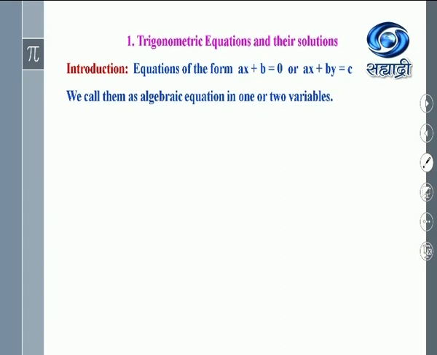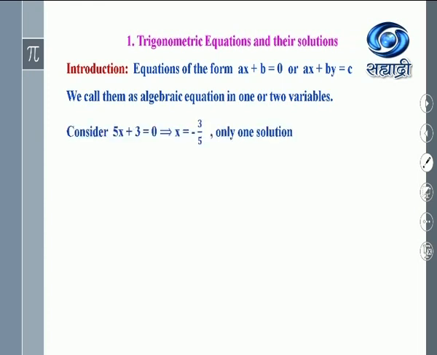Now the algebraic equations may be in one variable or maybe in 2 variables, maybe in the linear form, maybe in the quadratic form. So ax plus b equal to 0 is the linear equation in one variable, and ax plus by is equal to c is the linear equation in 2 variables.